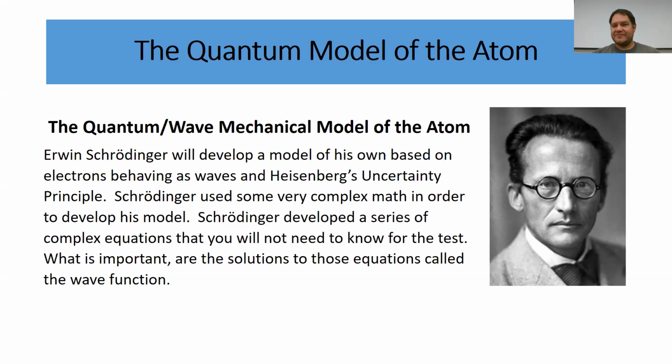The results have the meaning that we need to look at here. And those results are known as the wave function, which he used as a way of describing the wave-particle nature of the electron in the atom. So we're going to look at the wave function and what that all means here in just a moment.